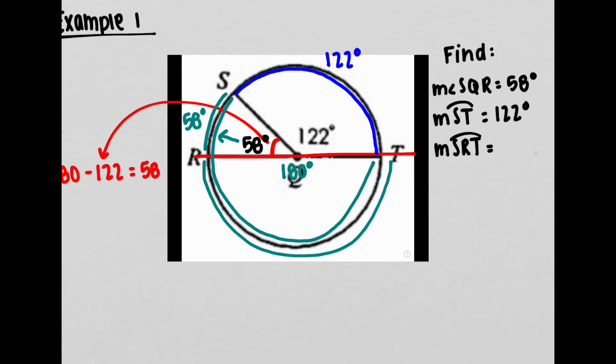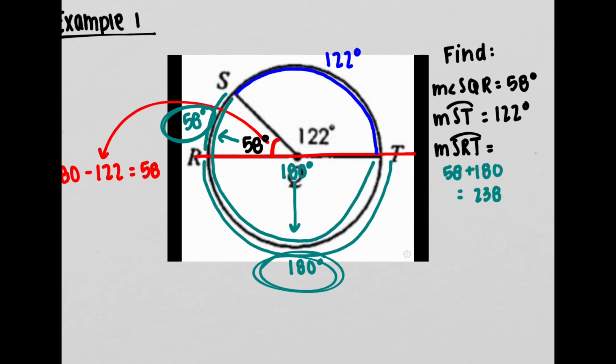I told you about that. So I draw my arrow across. I know that this arc is also 180. Now to find from S to R to T, I'm going to take these two numbers, so 58 and 180. I'm going to add them together. 58 plus 180 is equal to 238. So I know that SRT is 238 degrees as well.